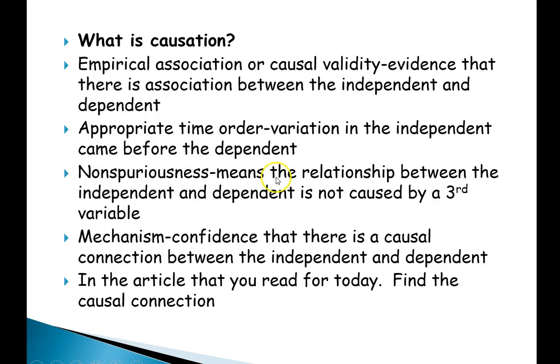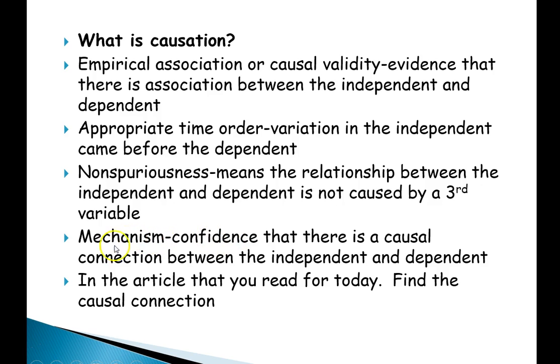Non-spuriousness means the relationship between the independent and dependent is not caused by a third variable. So if it's non-spurious, which is what we want, it means that it's more likely that the outcome that we encounter after our testing is from a relationship between the independent and dependent variable.